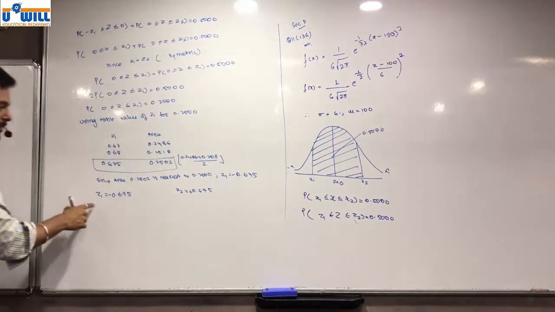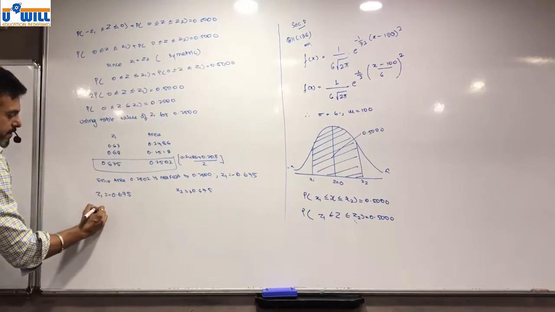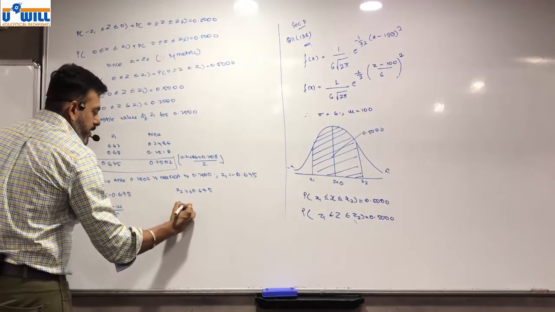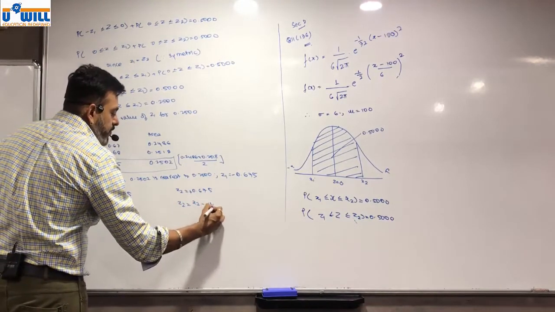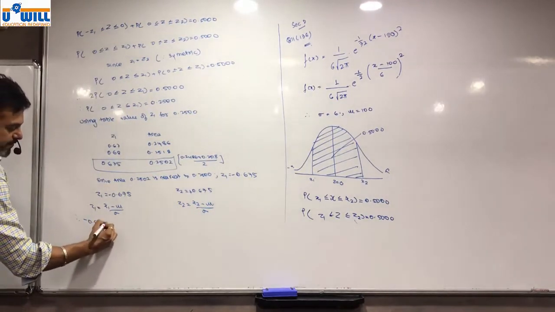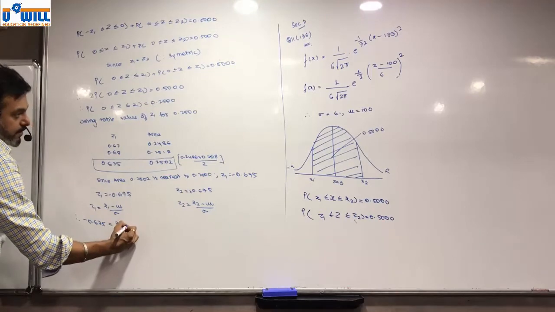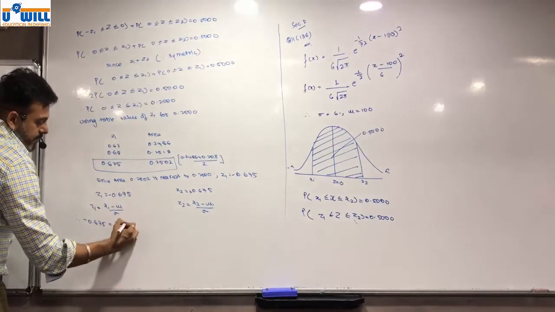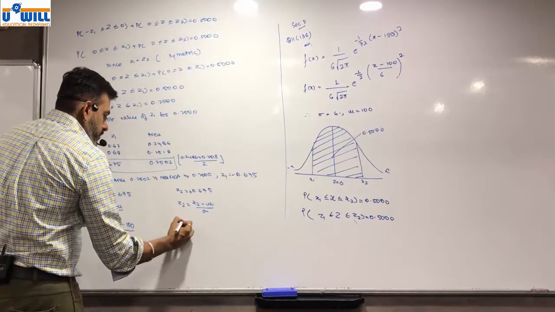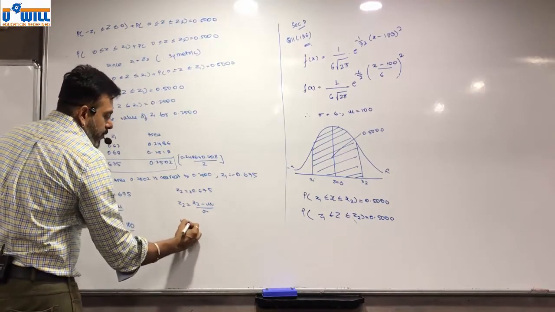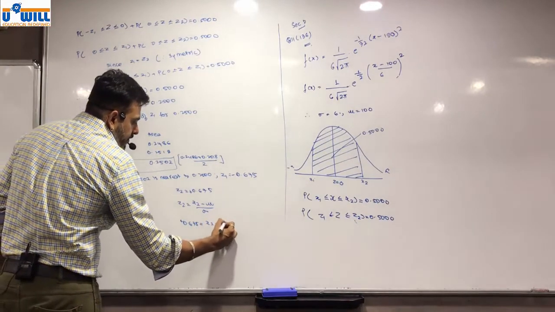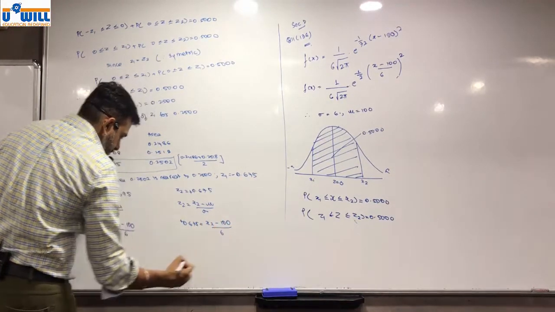Now, using the formula, Z1 is equal to x1 minus mu upon sigma and Z2 is equal to x2 minus mu upon sigma. Therefore, minus 0.675 is equal to x1 minus mu, where mu is 100 and sigma is 6, plus 0.675 is equal to x2 minus mu, mu is 100, sigma is 6.